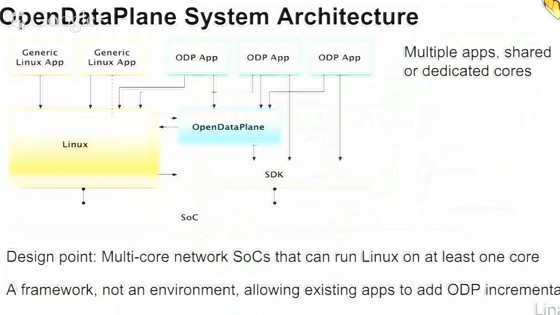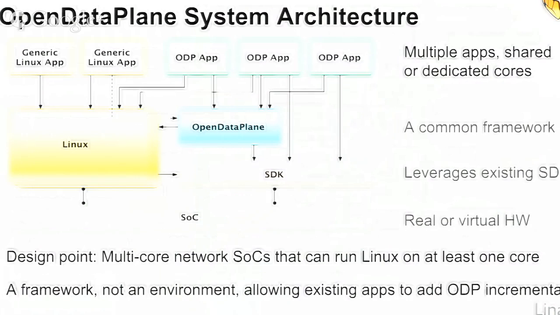If we look at the system architecture, it's a little washed out. The intent here is that we can support multiple apps, which can be on either shared or dedicated cores. And also, by providing a common framework, we can leverage existing SDKs running across either real or virtual hardware.